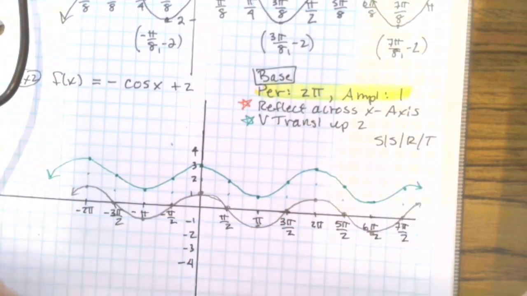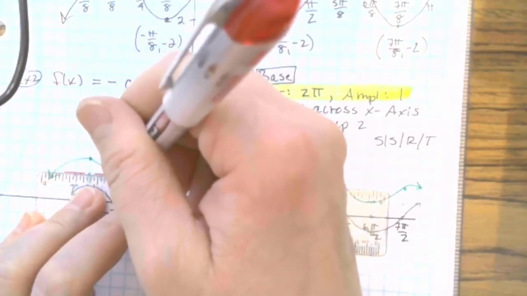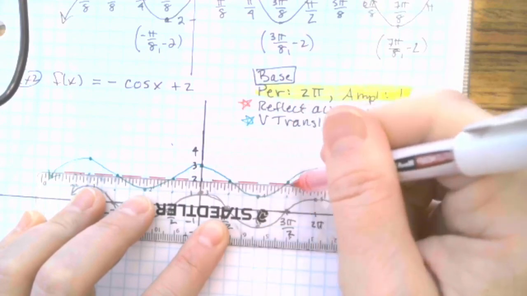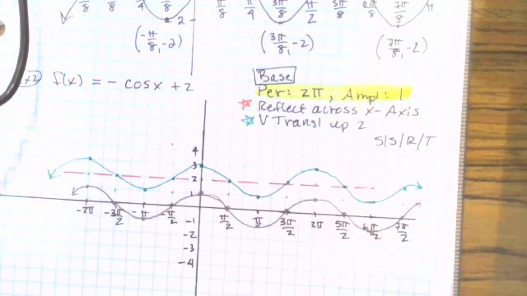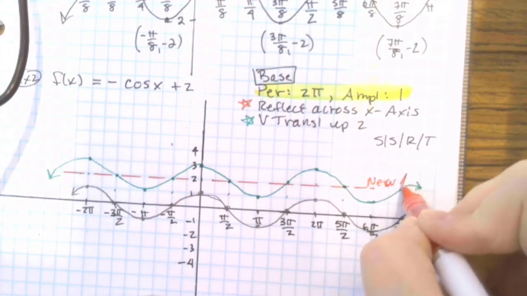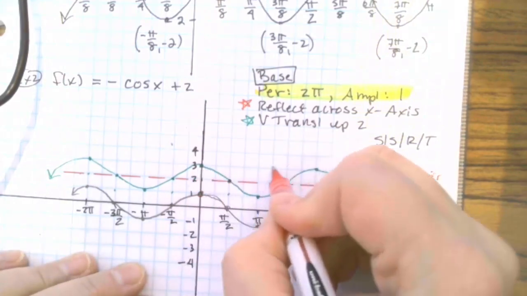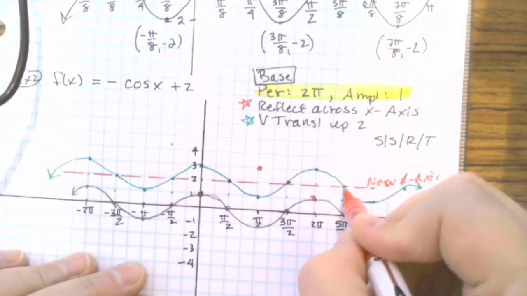But if you don't do that and you translated, then your new line of translation is where the new x-axis is, and that's the line you're going to reflect across. So everything is backwards.